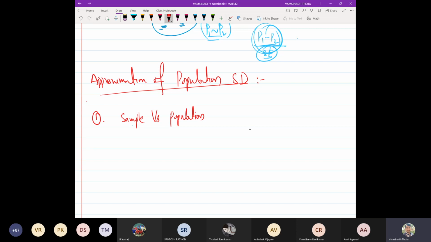Regarding the sample, we should have all the data for standard deviation and variance. Sample means a finite collection for which we can do the process thoroughly. But the population is very large, so we may not be able to evaluate each and every statistic. So there it comes to approximation values. In the case of one sample versus the population, the standard deviation of the population is approximated with the standard deviation of the sample.